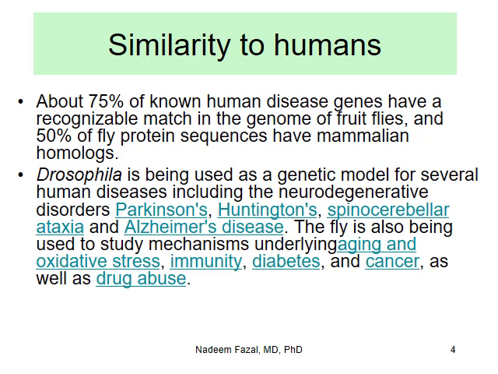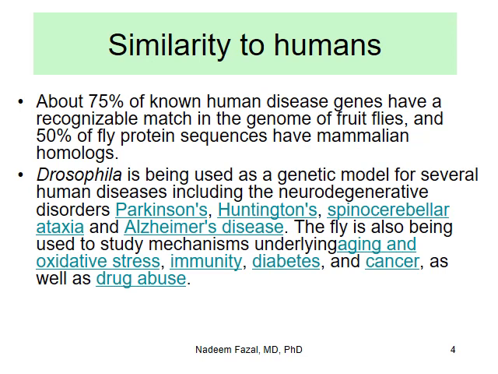And most of the time what we have noticed is that these animal models are pretty much a good study tool for us if you want to look at aging and oxidative stress, immunity, diabetes, cancer, and even drug abuse.